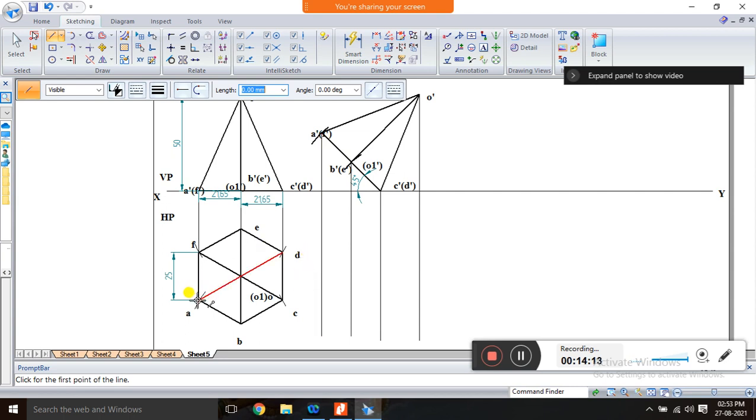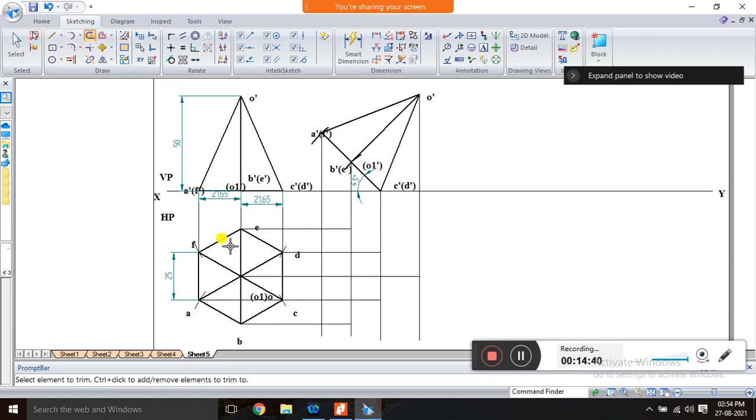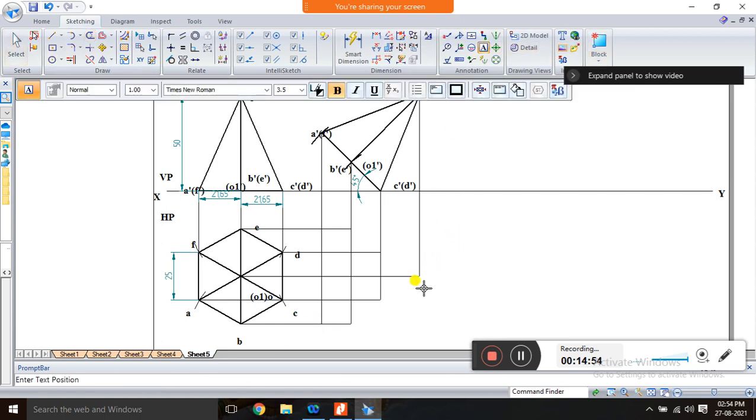Next, A dash is here, so A is here, draw here, and this is C dash, and B dash is here, and D dash is here, and E dash, and O dash, O1 and O. So like this, with the help of your scale, project all the horizontal lines with respect to A dash A, B dash B, C dash C, D dash D, E dash E, and F dash F, and O1 dash O. Mark all the points and erase the unwanted projection.